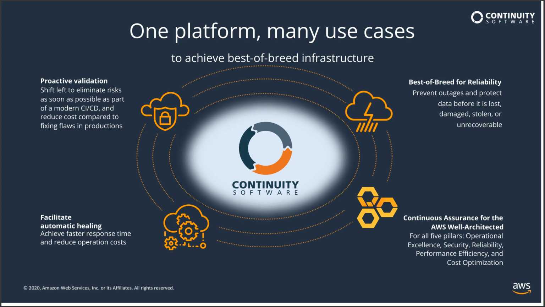Once they deploy to a staging or pre-prod environment, we sense that there is a change in that environment. We give them indications via API if there are any critical risks, and we expect them to correct those misconfigurations or to waive them before they continue to production, eventually reducing cost compared to fixing flaws in production.